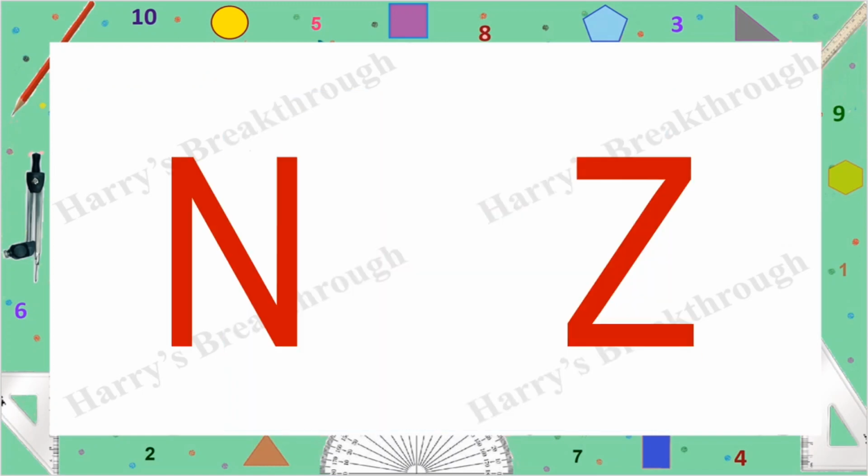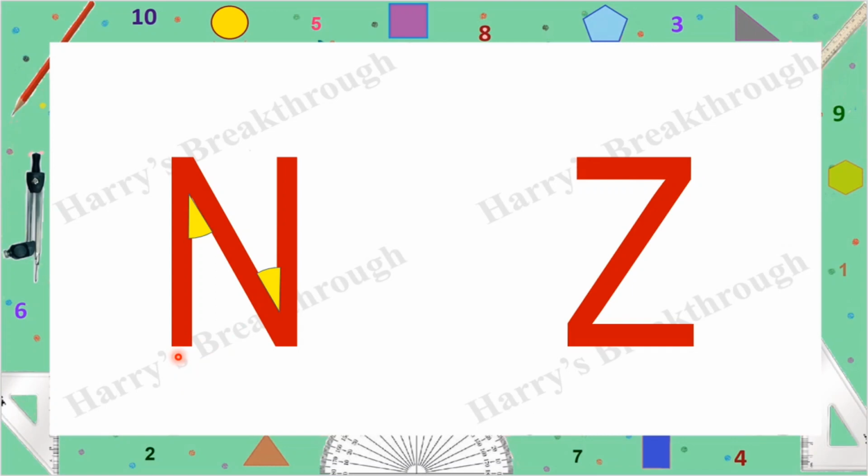Next, here you can see two English alphabets, alphabet N and alphabet Z, uppercase English alphabets. So can you find alternate angles in these letters? Here the first letter, that is N. If you look carefully, you could find that these two angles are alternate angles. How can we say that?